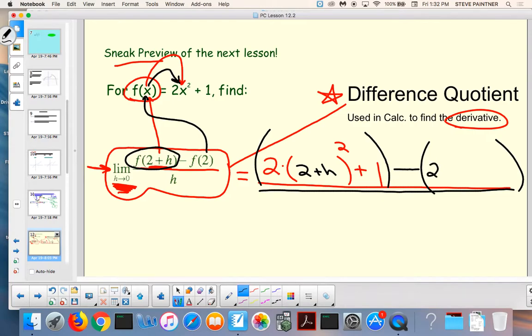It'd be 2 times x squared, put the 2 in, plus 1. So first I put in 2 plus h, then I work it out. Then I put in 2, then I work it out. Then I subtract. And it's always divided by what letter? h. It's always going to be divided by h. All right. You need to start working that out, and then combine the top terms and actually work it out. I don't have to do that for you.